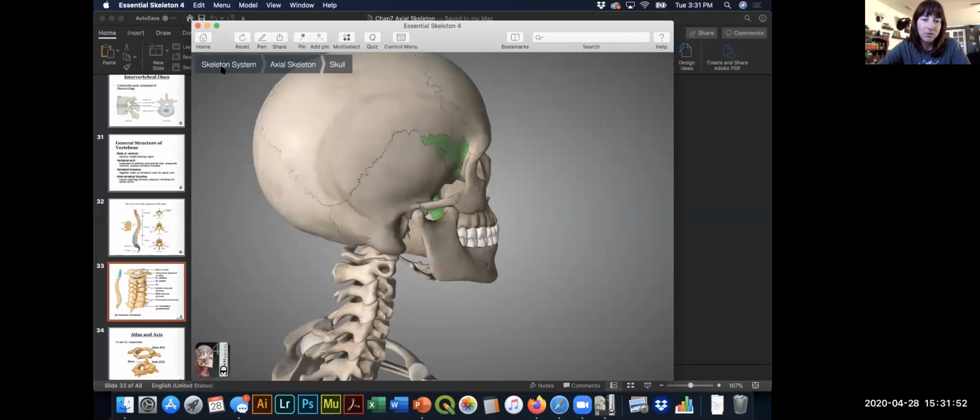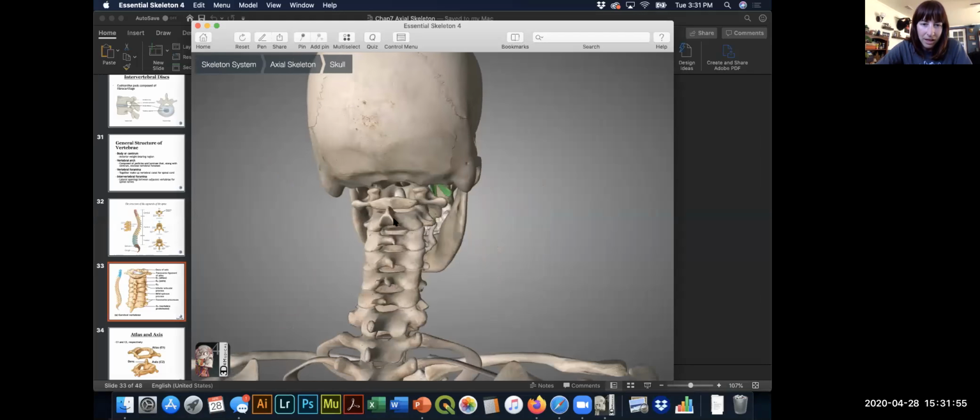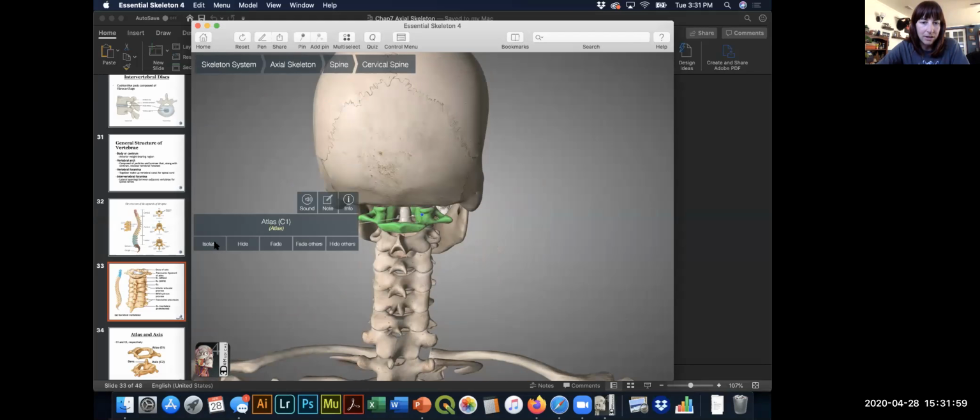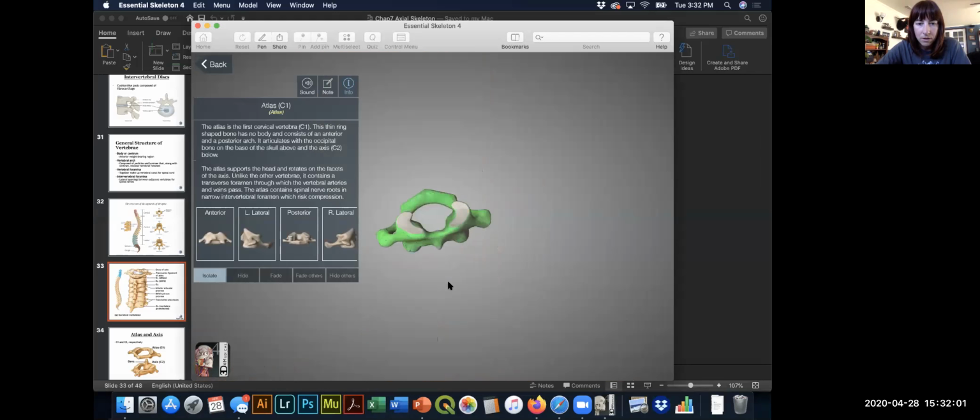If we isolate it, there is not really a vertebral body to speak of there, right? It does have our little transverse foramina. It has the spinal foramen, but no vertebral body and no spinous process really on that one.